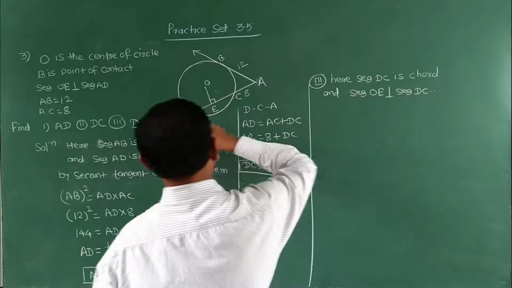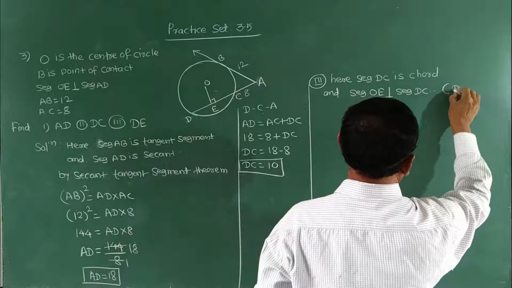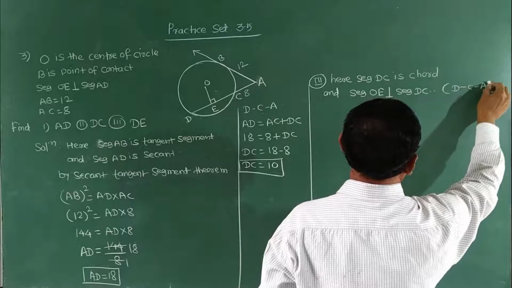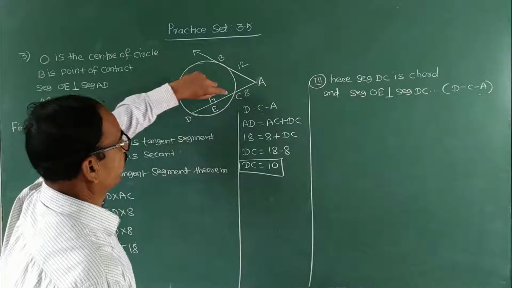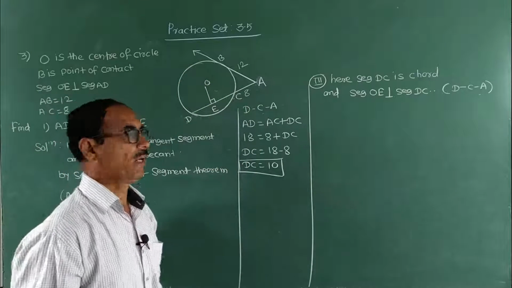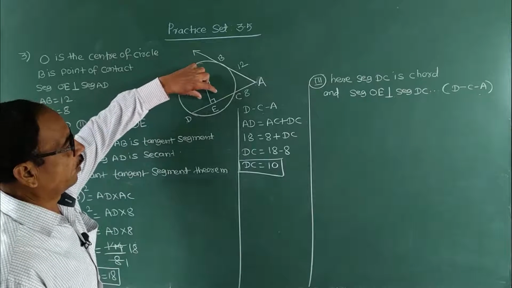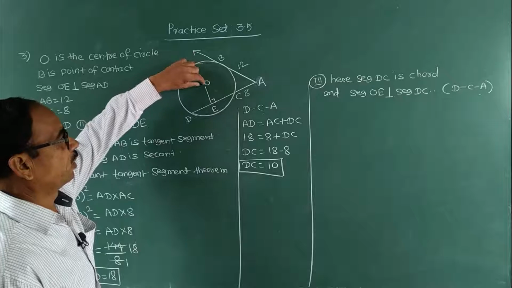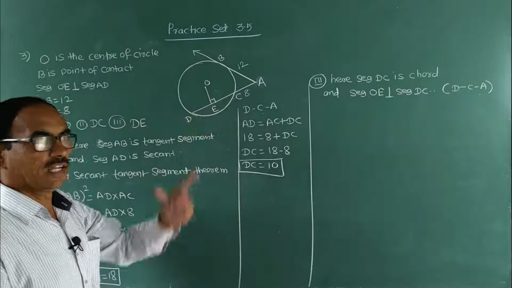Since DC and A are collinear, here we can write OE is also perpendicular on DC. OE DC perpendicular आहे. आणि आपल्याला माहिती आहे जर सेंटर मधून कुठल्याही कॉर्डवर परपेंडिक्युलर ड्रॉ केला, when perpendicular is drawn from the center of circle to the chord, it bisects the chord.